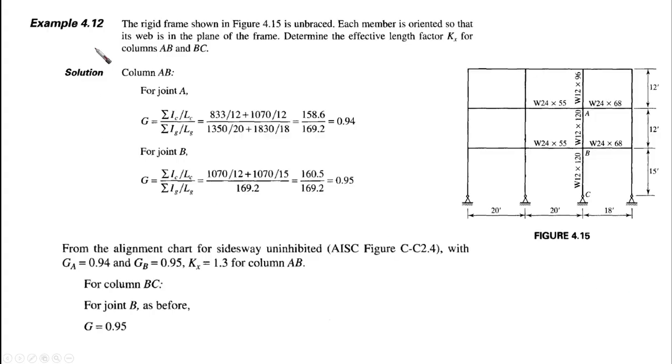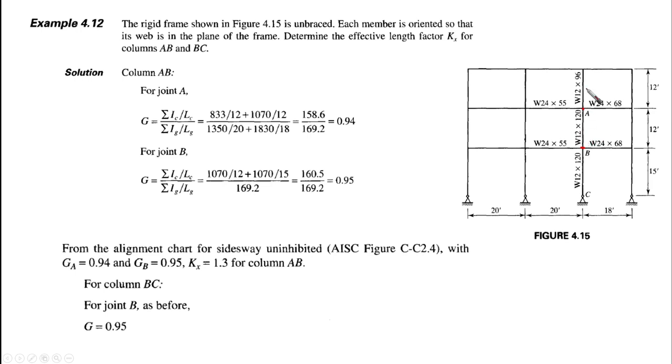Okay, so we have this example for now. We have a rigid frame, as you can see here, and in this rigid frame we are going to investigate the column AB, the portion of the column which is AB.